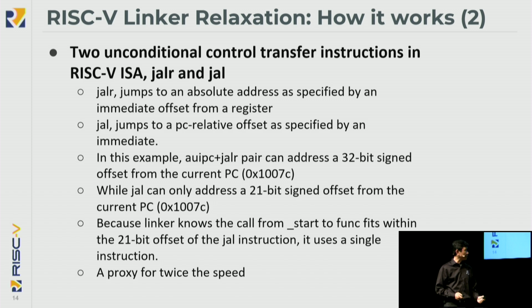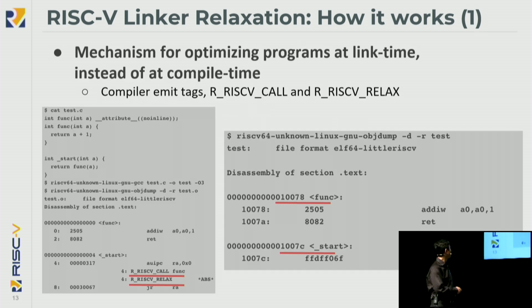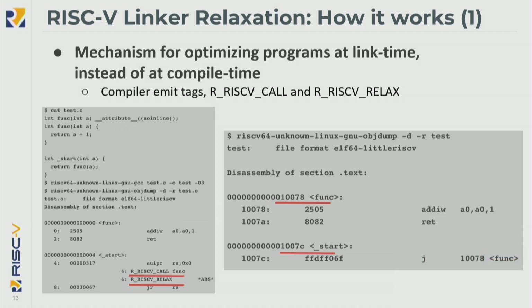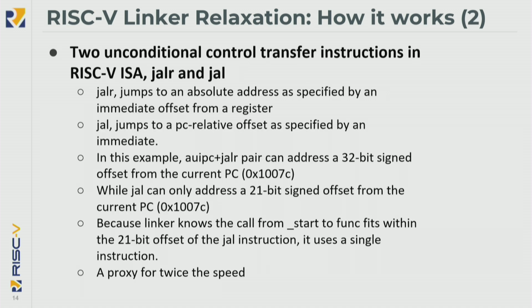So in the example that you just saw, during link time, because the linker knows that the offset between these is close and within the 22-bit range, instead of using two instructions, it simply uses a single jump instruction, which improves the performance because you go from two instructions to one instruction.